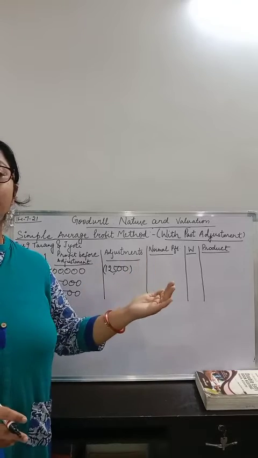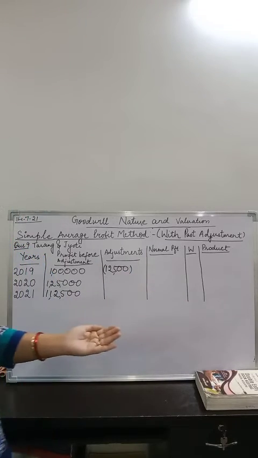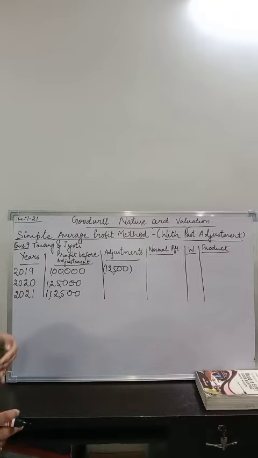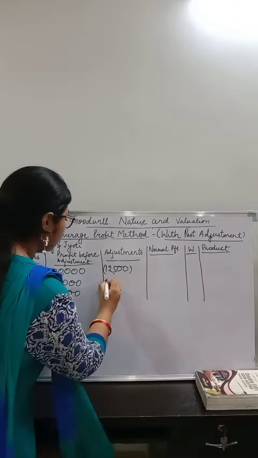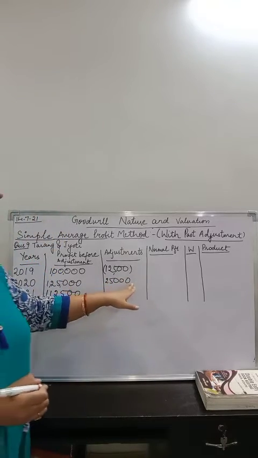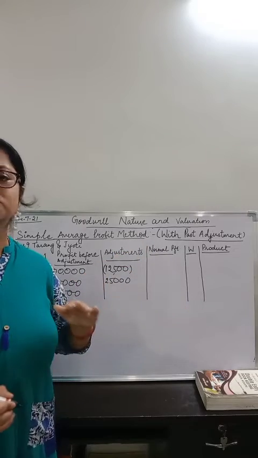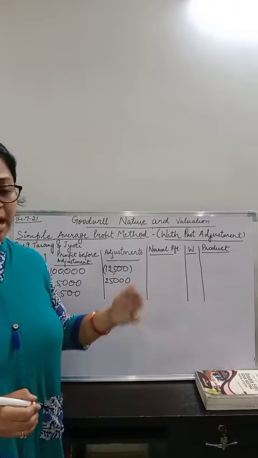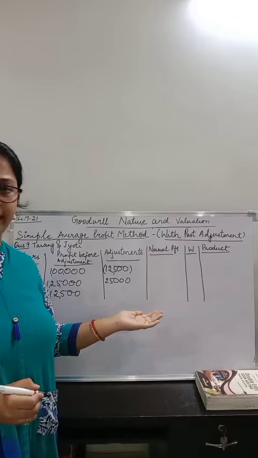So you are supposed to add back this amount. For the year 2020, you will add back this 25,000. Since this is an abnormal loss, not a regular loss for the business, it should not reduce the net profit.